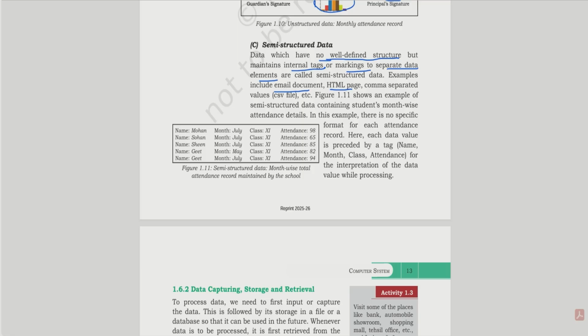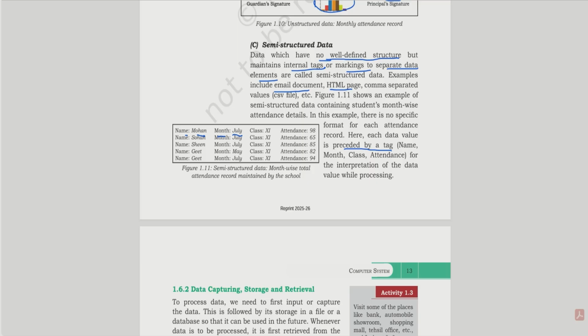In this case also there is no specific format for each attendance record. Here each data is preceded by a tag. Tag means, before the student name, we give a tag name, and similarly, before the month, we give a tag name month. Based on this tag, we are able to arrange the data.